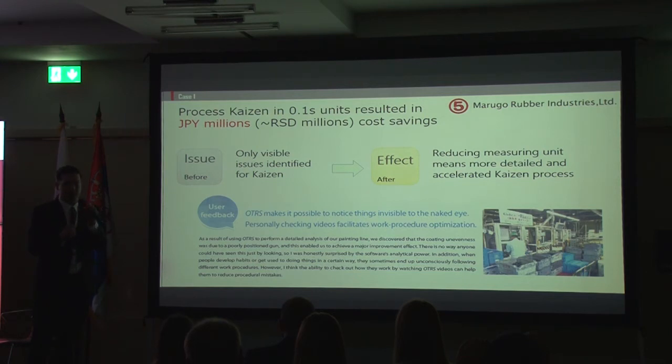It's only a few seconds. So if you make a 0.1 second improvement in the production of one unit, you save millions of yen, which, since 1 yen is almost equal to 1 dinar, is millions of dinars in savings for a fairly small company, which is significant. So that's one example.